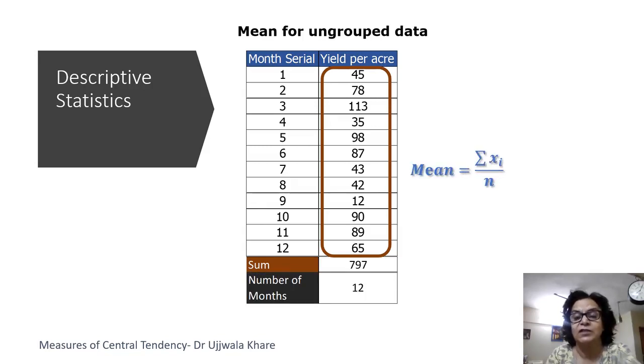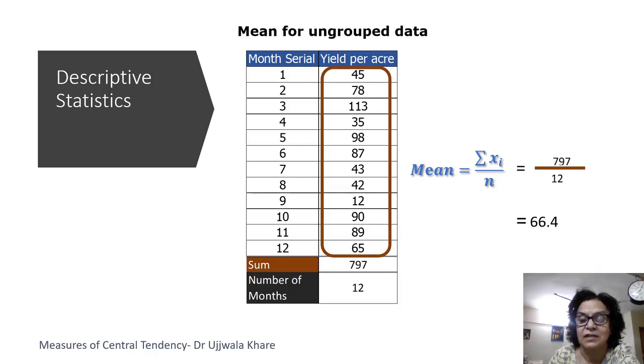So the terms which are used is summation xi, that is the total observation summation, and the number of observations is small n. So in this example we can see that 797 divided by 12 will give us 66.4, that is the mean for ungrouped data.